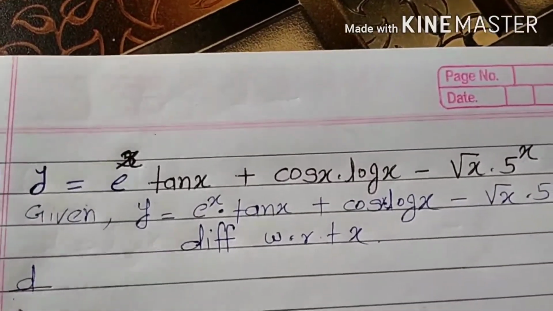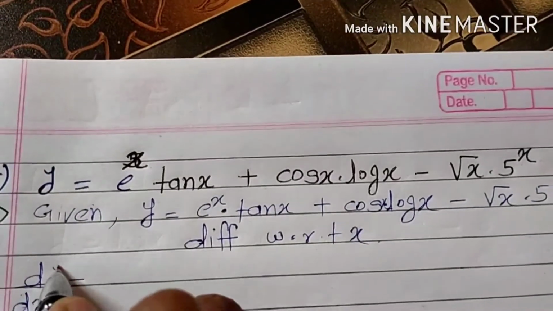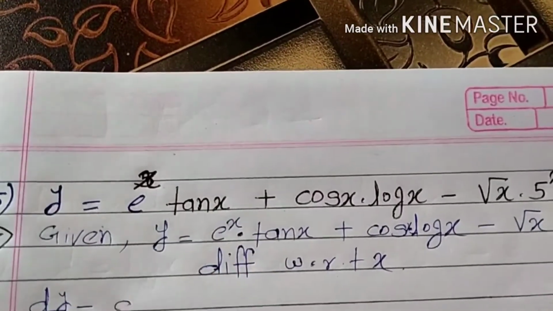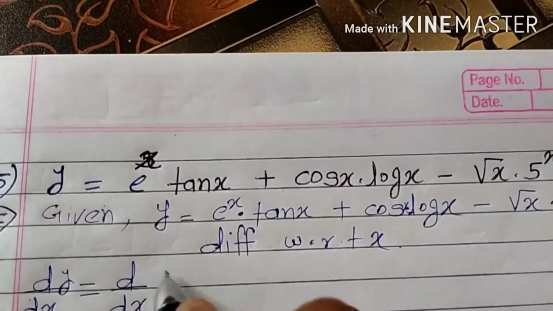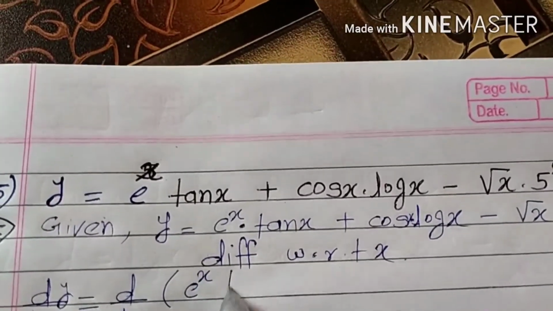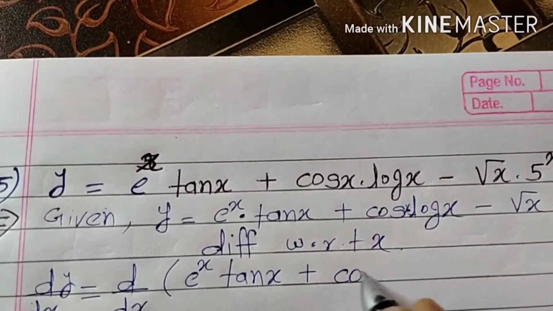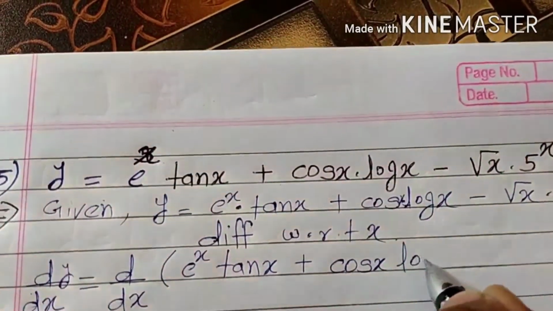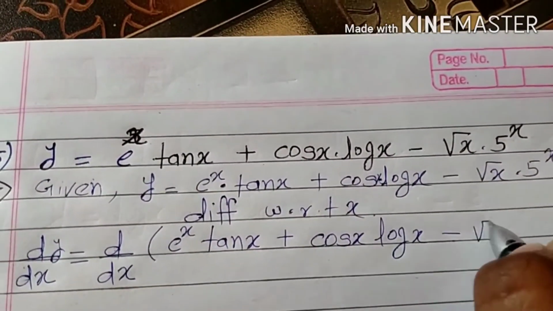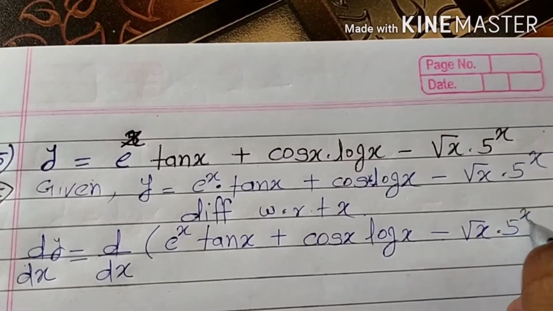So first, dy by dx is equal to d by dx of e raised to x into tan x plus cos x into log x minus root x into 5 raised to x. Okay.